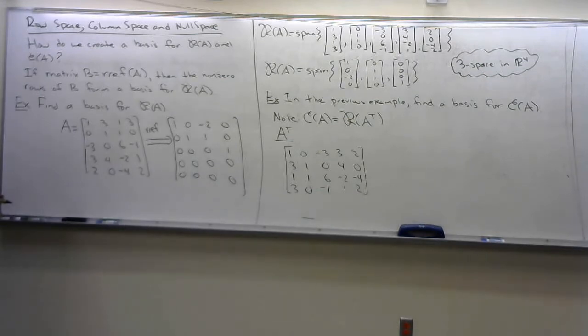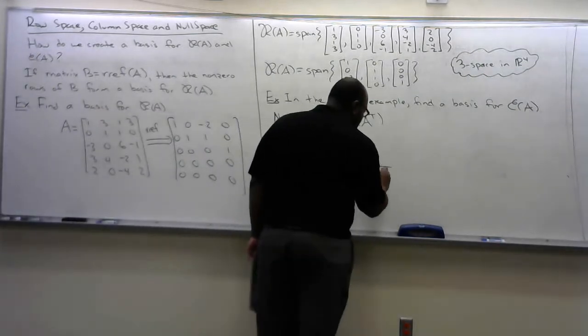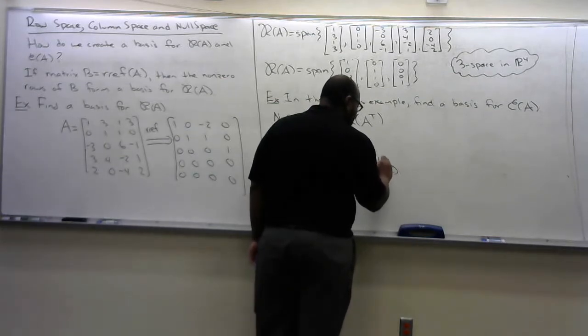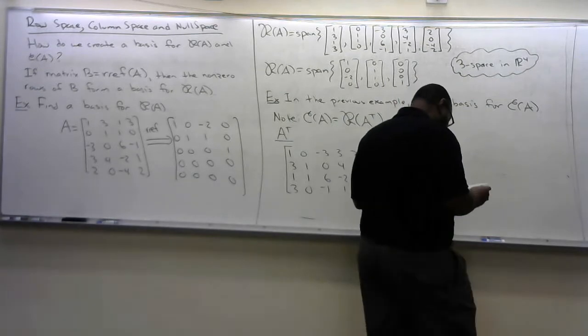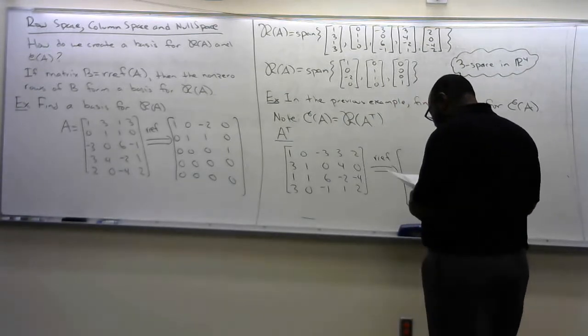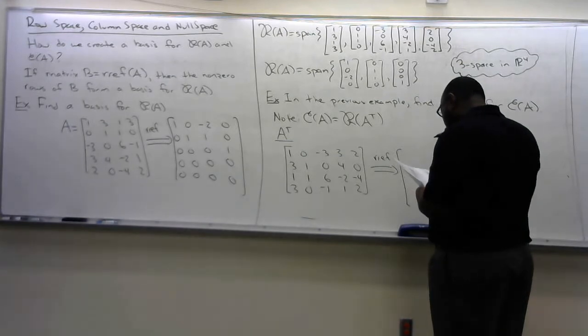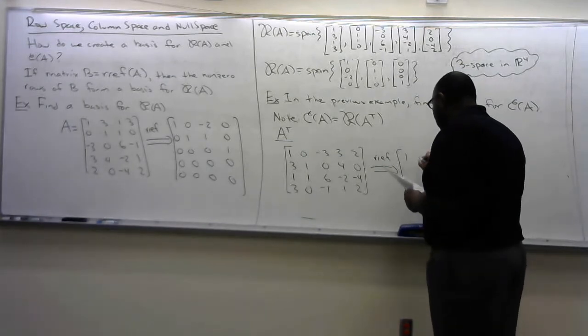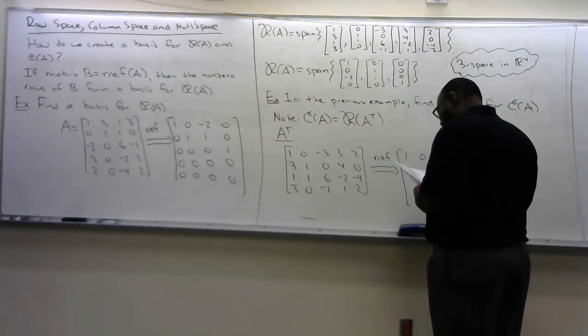I'm going to take the reduced row echelon form of A transpose, and this is what I get. I get 1, 0, 0, 0, I think 1/2.